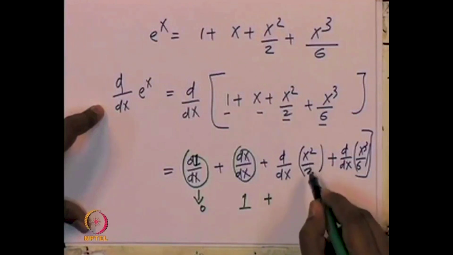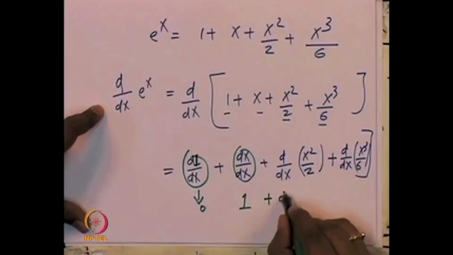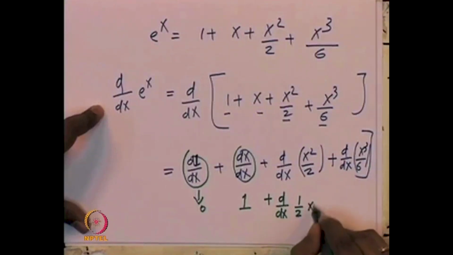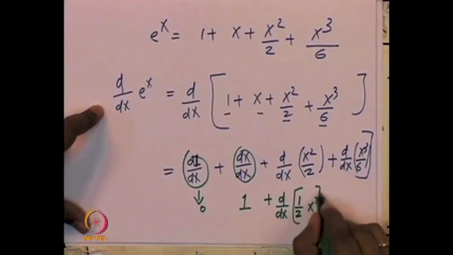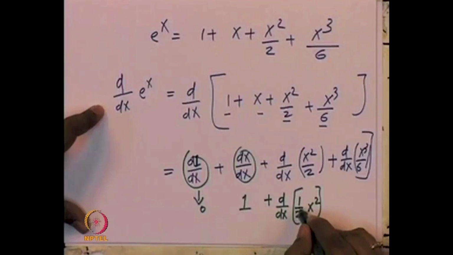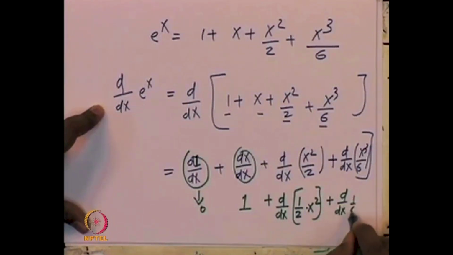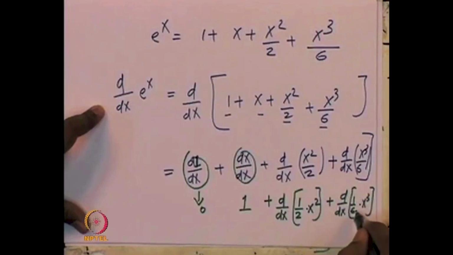So, x square by 2 is basically d by dx of half into x square. Half is a constant times x square. Then you can use again d by dx of 1 by 6 times x cube, where 1 by 6 is a constant.